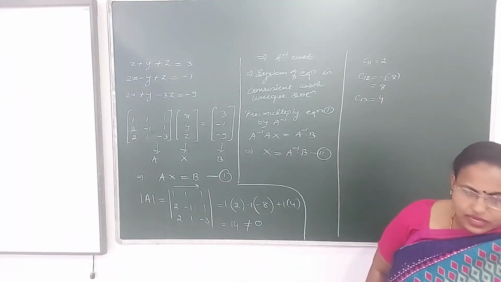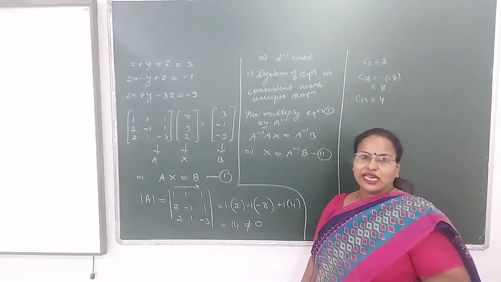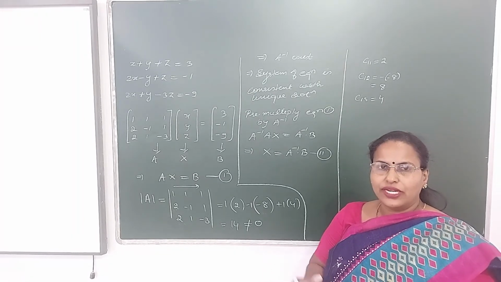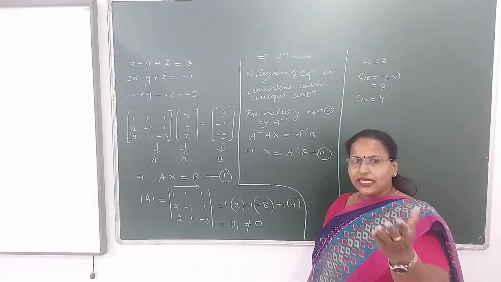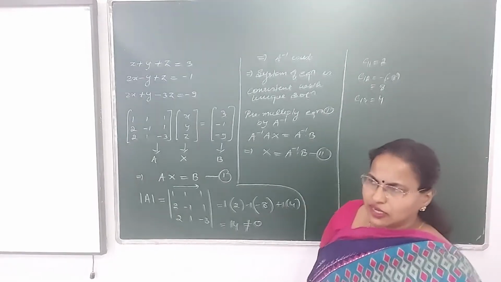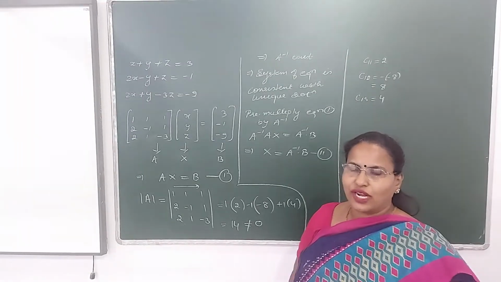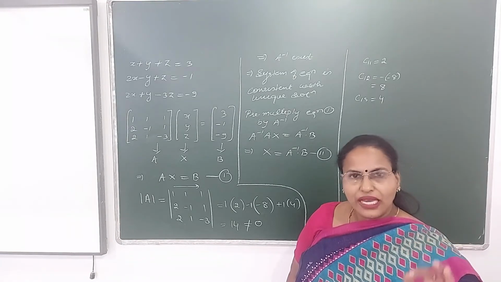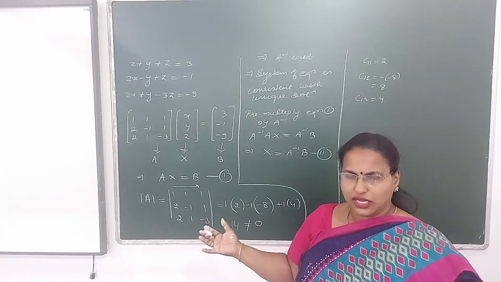See, in the last video I have explained, you can check whether the determinant as well as the cofactors what we are calculating is correct or not. For that, one method I have told you is basically a property of determinant, the very first property of determinant. What does that property say? Row wise or column wise, when the element is multiplied to its cofactor and when it is added, you will get the determinant of A. So by this property, you can verify whether both are correct or not.